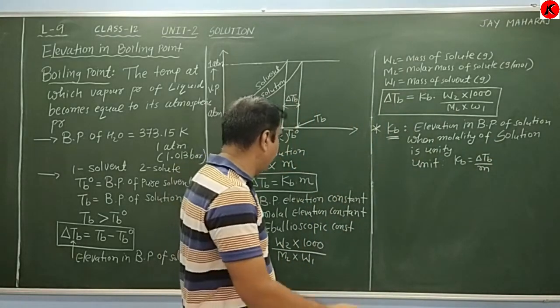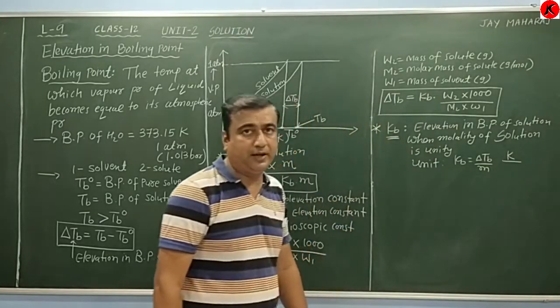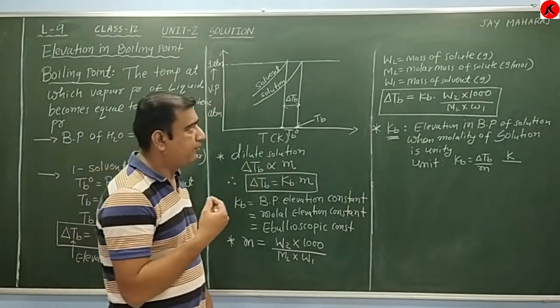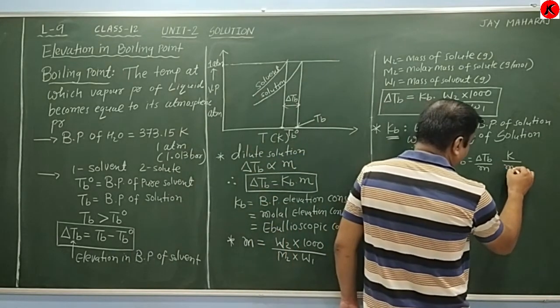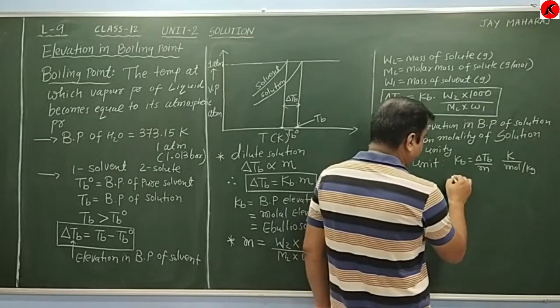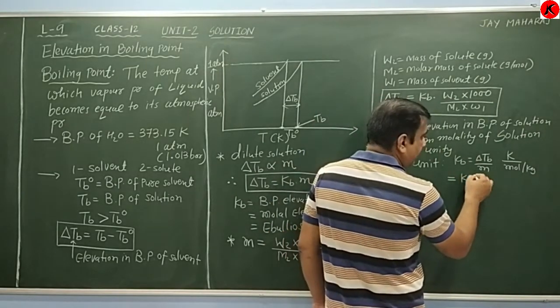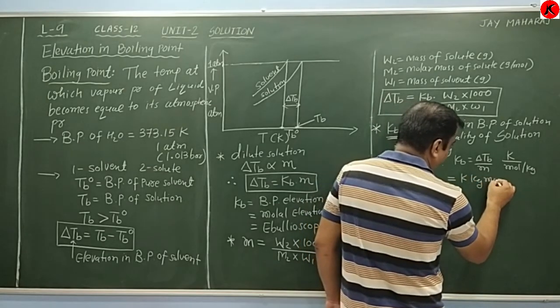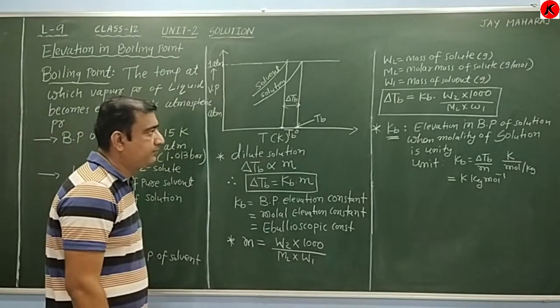Delta Tb is generally taken in Kelvin, and molality means number of moles of solute per kg of solvent, that means mole per kg. So we can write the unit as Kelvin kilogram mole inverse. So this is the unit of Kb.